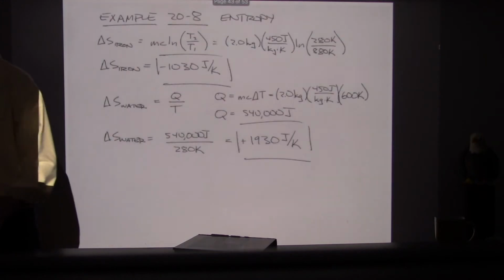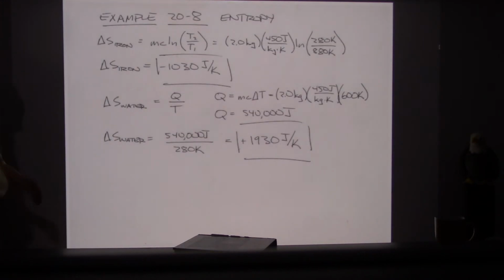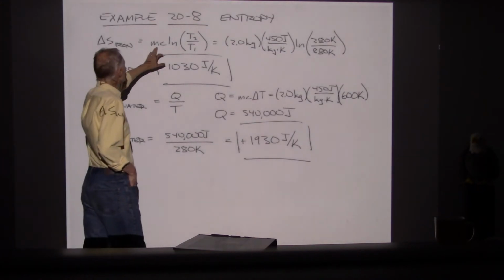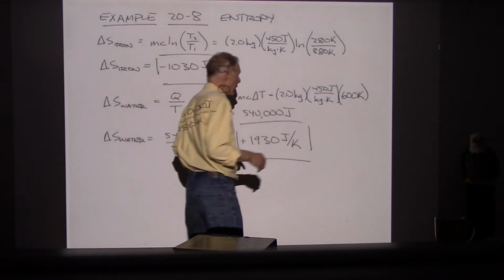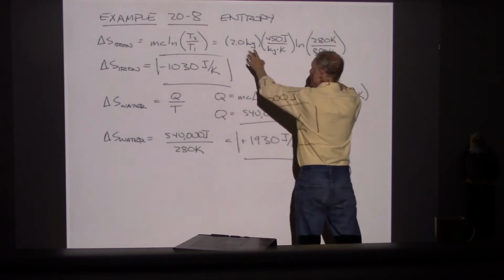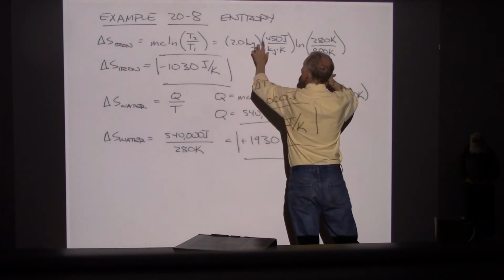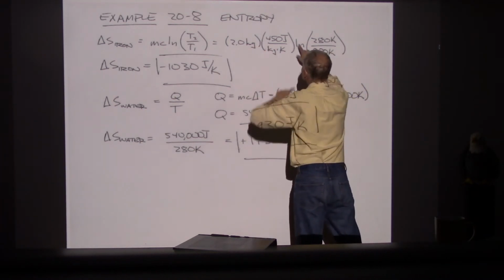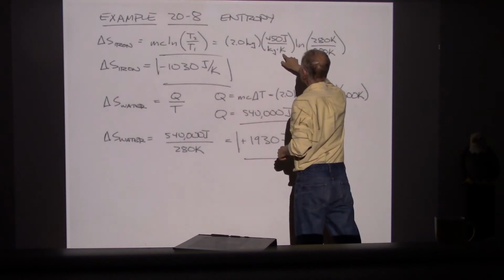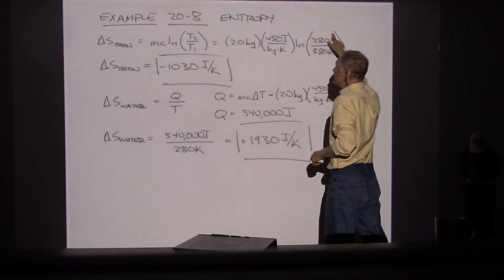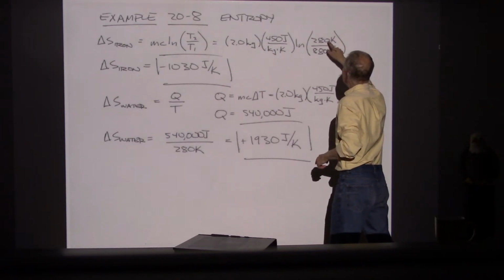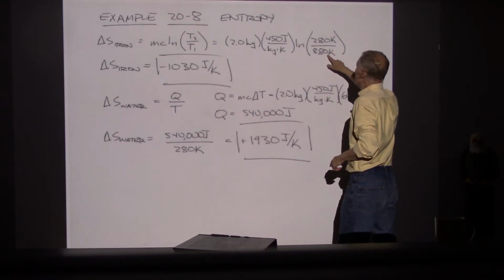All right, here we go. Entropy change in the iron, that's going to be MC ln T2 over T1, where the mass is 2 kilograms. The specific heat of iron, 450 joules per kilogram per Kelvin. The ln of the final temperature is 280, and the original temperature is 880.